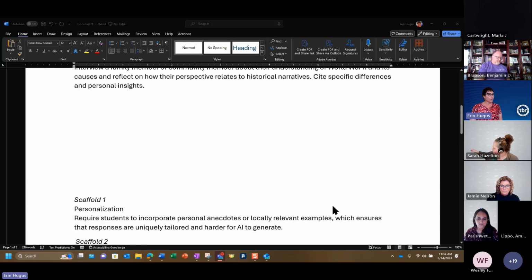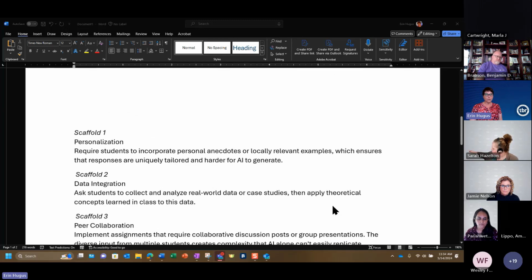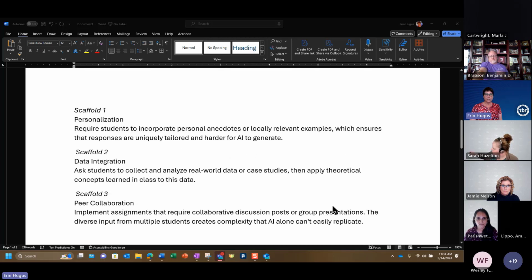And there are a couple of scaffolds we can also apply with this. If you look at these, again, they're all focusing on the human interaction. So requiring them to incorporate personal anecdotes or their own reflections about a concept, having them collect real-time data, maybe doing a survey or investigating through content analysis or literature research, or having them pair up with a peer.